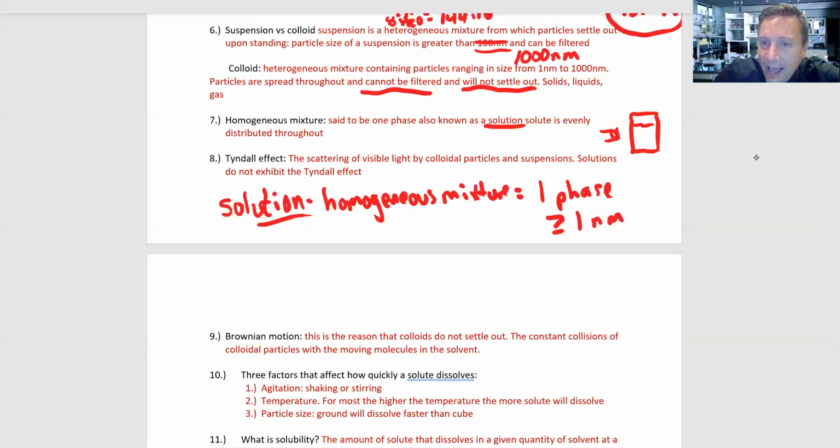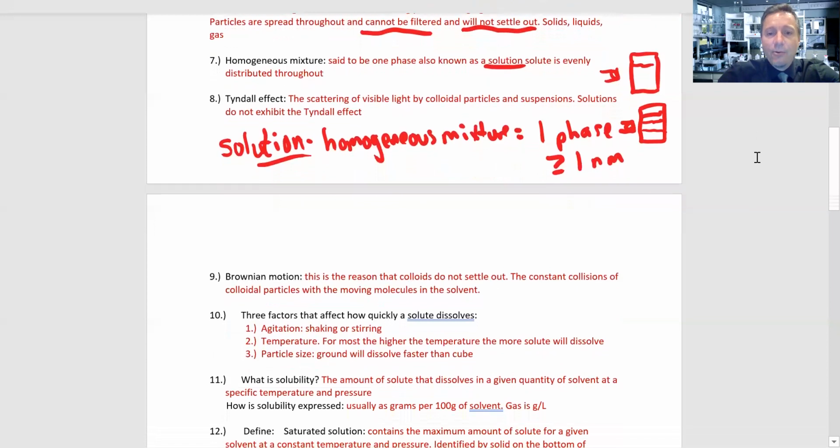But if you had this right here, and this was a colloid or a suspension, you will see the outline of the beam going through there. And that's the distinction between the Tyndall and non-Tyndall effect: you will see the beam itself, the outline of the beam, and that is only in a colloid or a suspension. Please notate that. There was some confusion on that one.